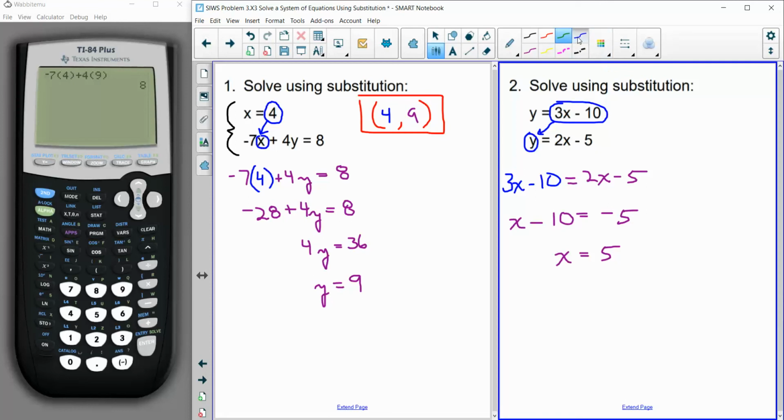Now I just need to figure out what y is. Okay, well, y is 3x minus 10, or y is 2x minus 5. So let's go like this. Y equals 3 times x minus 10.